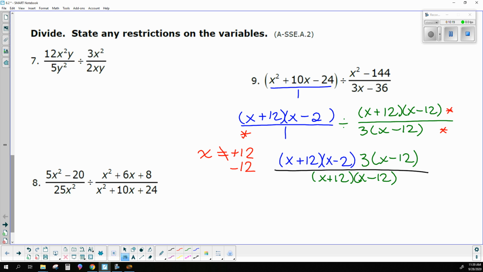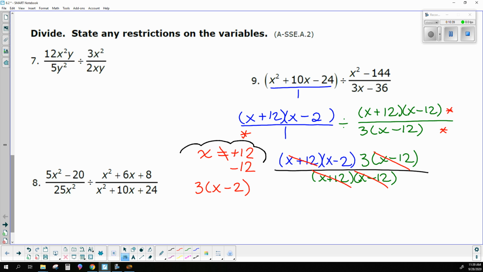We've already gotten our restrictions, so we're going to find things that neutralize. And what's left over is this.